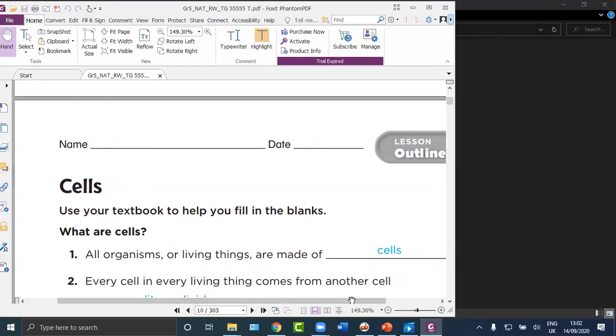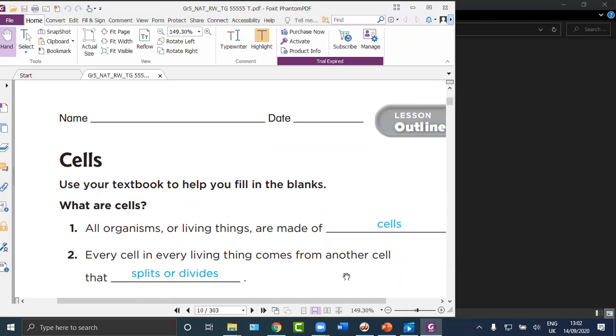Number 2: every cell in every living thing comes from another cell that can carry out the other basic processes of life. Split or divide? Okay.